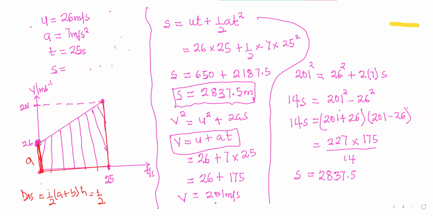H must be perpendicular to both A and B. So this line will be for H. Okay, so A is 26 plus B is 201 times the height H. The height H is 25. Good. So let's put everything together and then give me the final answer.